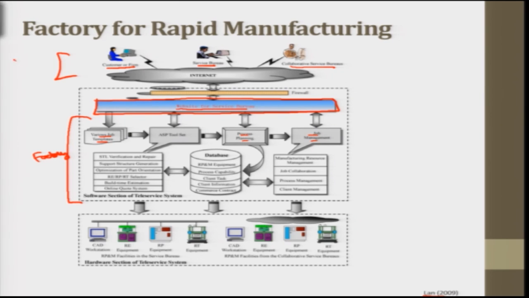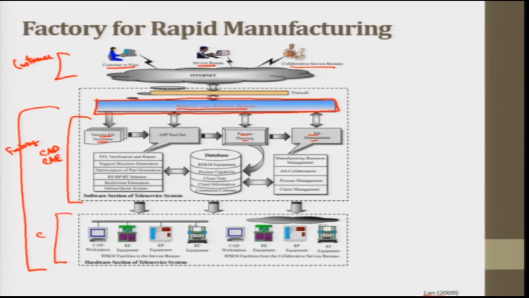So this is the customer. This is again the part of the factory only, and manufacturing. This is completely the factory. So here we have CAD, CAE, all those things, and here we have manufacturing.